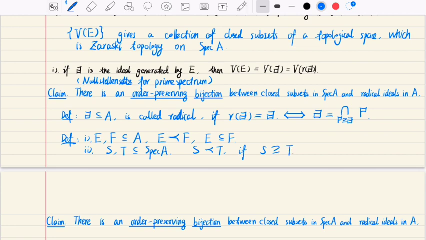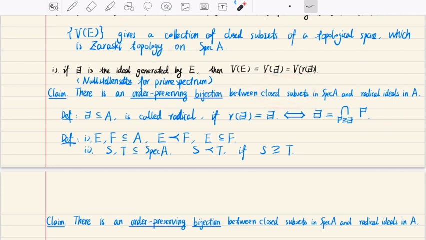This is a little bit different, because in our mind, the order for the subsets of a topological space is usually given by the inclusion of open subsets. And here, S and T refer to closed subsets.